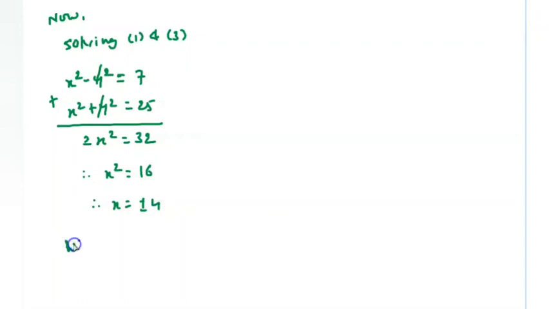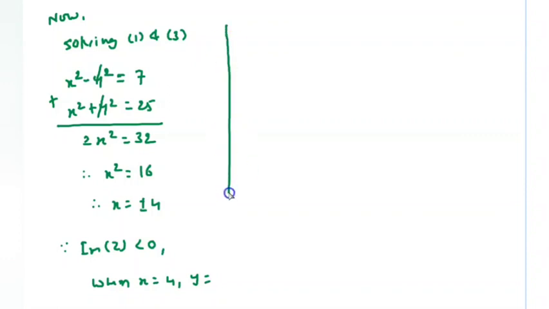Now since the imaginary part of z is negative, or less than 0, when x is 4, what will y be?